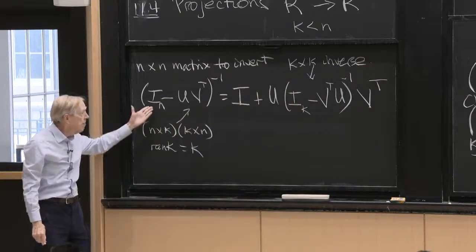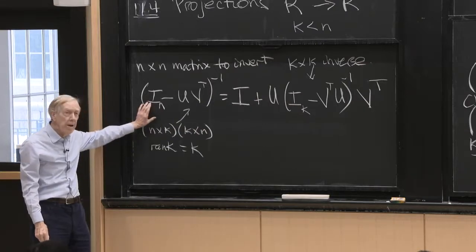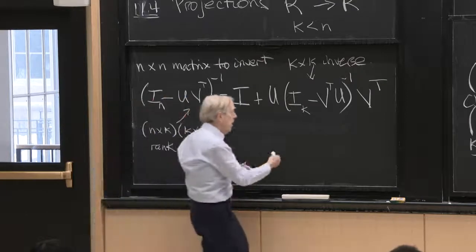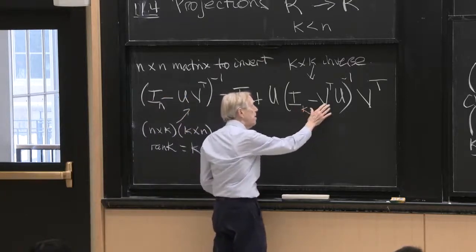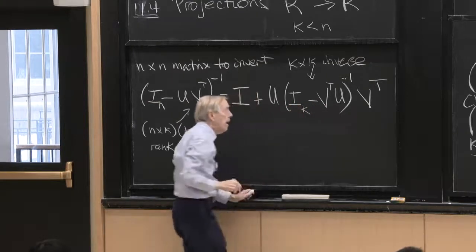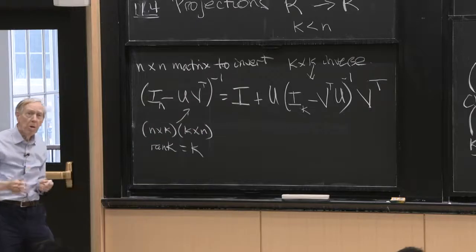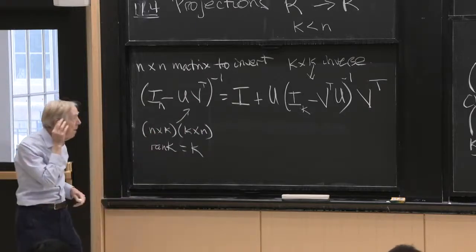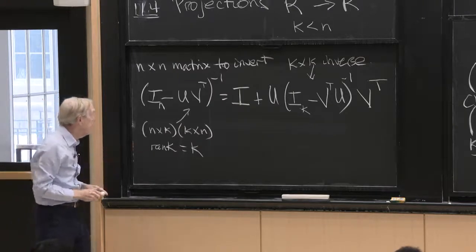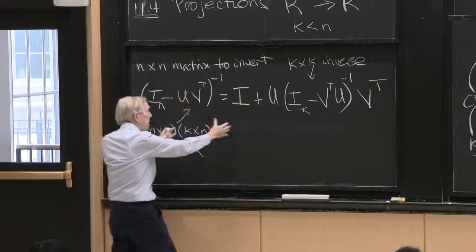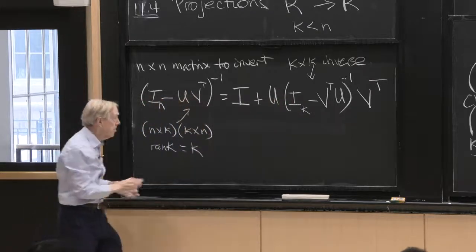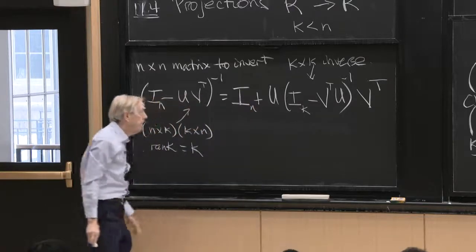So I'm exchanging something that's a perturbation of the n by n identity, an n by n matrix, to have to invert something that's a k by k matrix perturbing the k by k identity, much smaller. In that case, k was 1. So are you good for checking it now? So I want to multiply that by this and hopefully get the identity. This is the n by n identity.